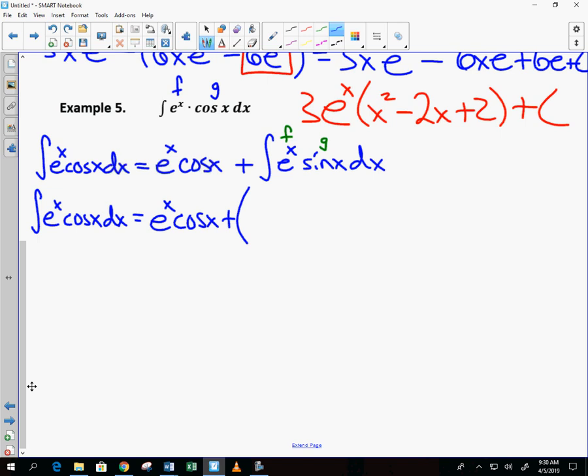Use my parenthesis just in case. So I have big F times little g. Okay, so I have big F, which is e to the x, and then g prime, which is going to be cosine of x dx.